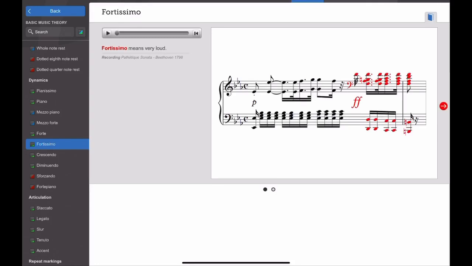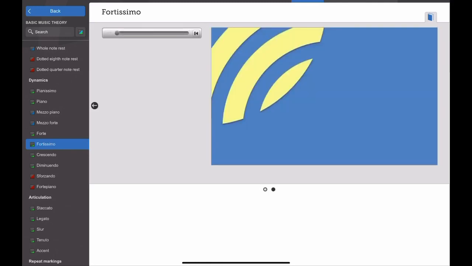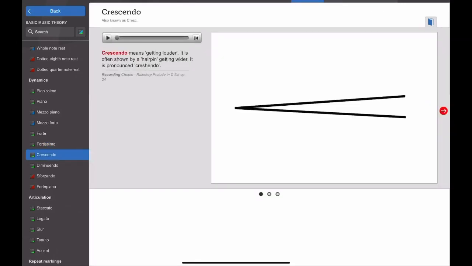Fortissimo is very loud. There's Beethoven for you. Let's see what this is. Yeah, certainly very loud. Crescendo, this is the sign, getting louder.